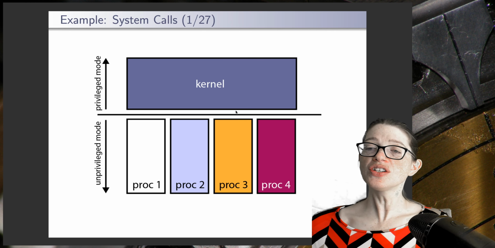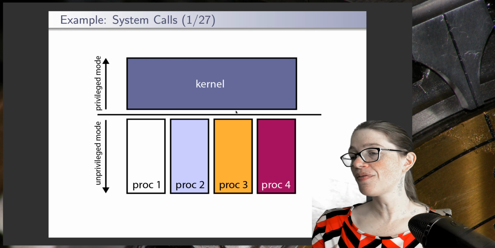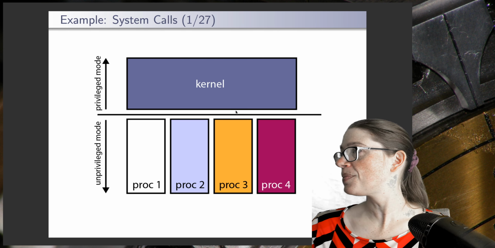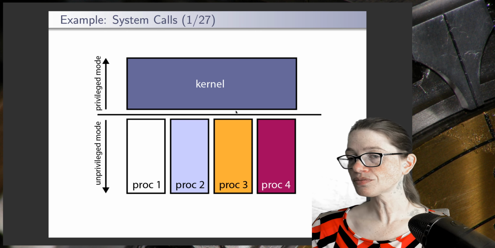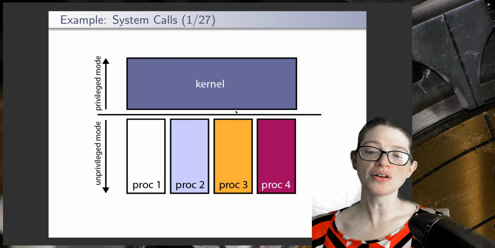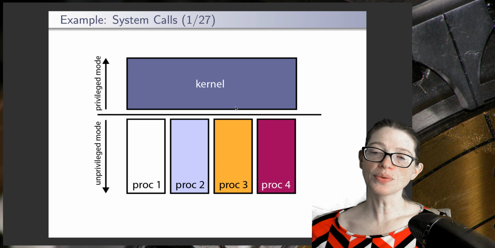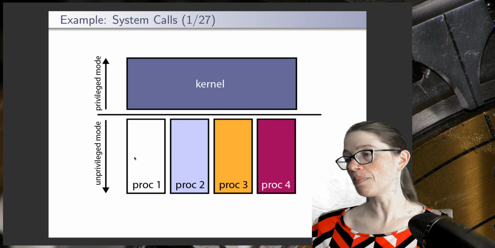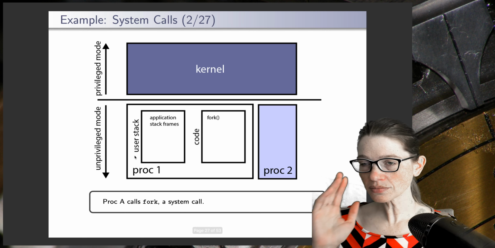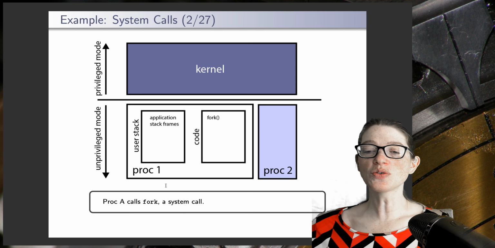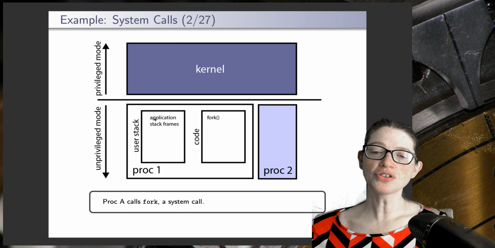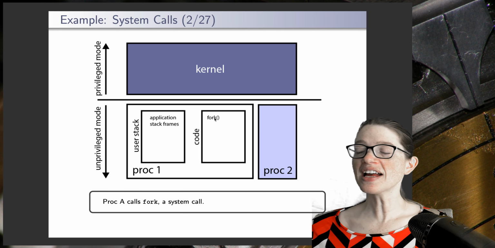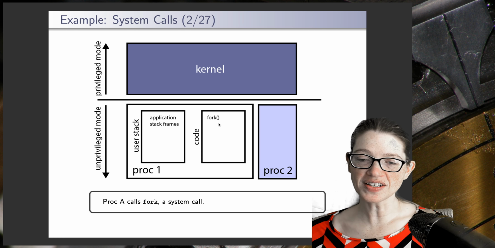All right. So now I want to do this example of looking at what happens on the stack for these system calls and interrupts. So we're going to start. We've got a kernel running in privileged mode, and we've got a bunch of processes running in unprivileged mode, and we know that. So process 1 is running, and on its user stack, you'll see it's got its application stack frames. And it's going to execute fork because it wants to fork a new process.